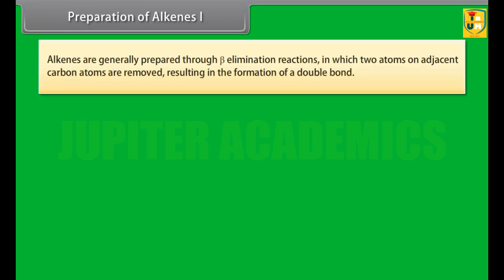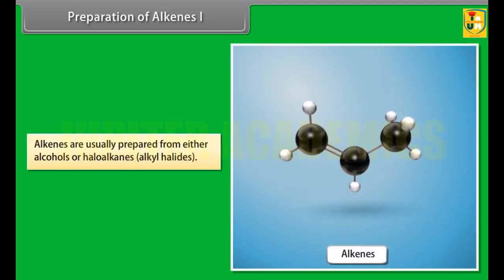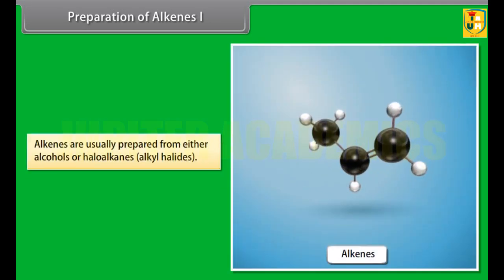Preparation of alkenes, Part 1. Alkenes are generally prepared through beta elimination reactions, in which 2 atoms on adjacent carbon atoms are removed, resulting in the formation of a double bond. Alkenes are usually prepared from either alcohols or haloalkanes, alkyl halides, by the dehydration of alcohols.